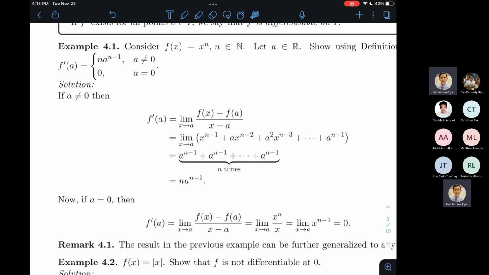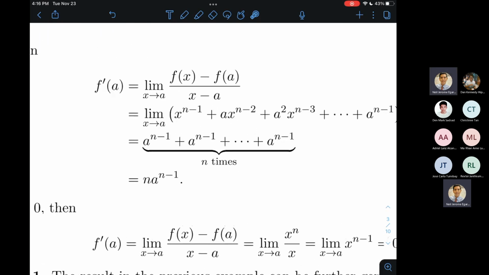So therefore, it will be defined in any open interval containing a. So it makes sense to talk about the derivative at the number a. Kasi nga yung domain ni f ay lahat ng real numbers. Okay? So we know that the limit should exist. So it's just for us to show that the limit is indeed equal to n times a to the n minus 1.